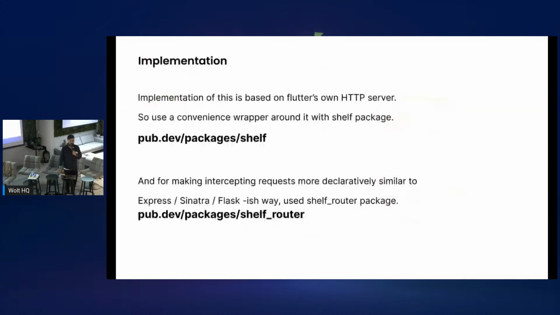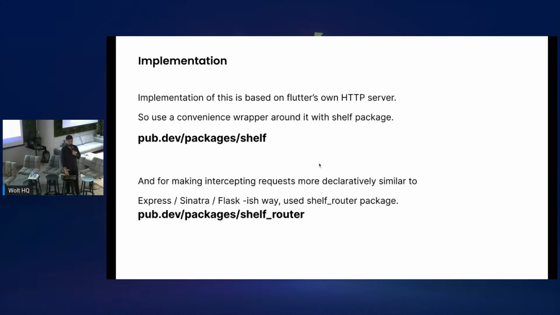And the implementation of it is that it's based on Flutter's own HTTP server. I think they used the same thing for Flutter web targets as well for development. And the package I used is a convenience wrapper around Flutter's HTTP server, which is shelf.